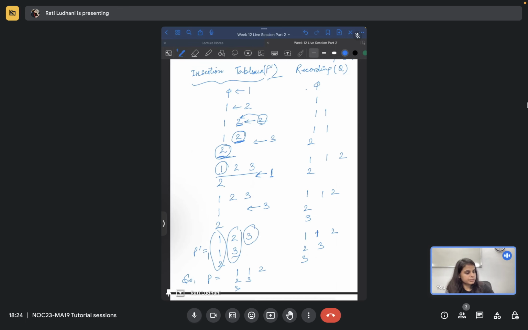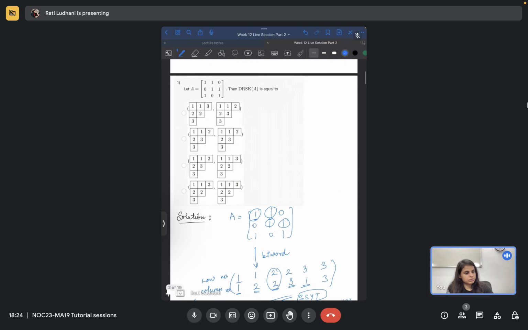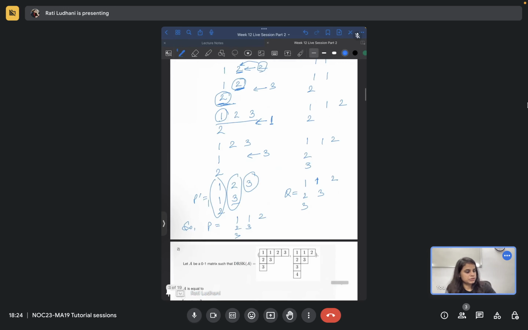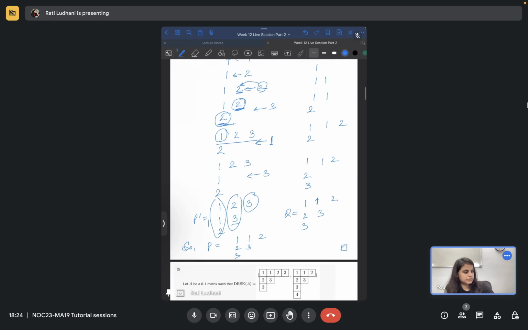And here Q will be exactly this only. Same. As you can see, this is same, 1 1 2, this one. Okay, nice. So I hope this is clear then.